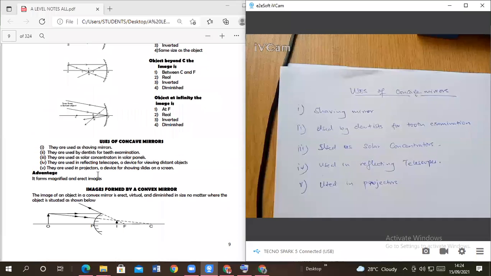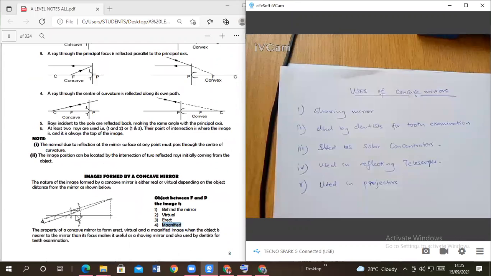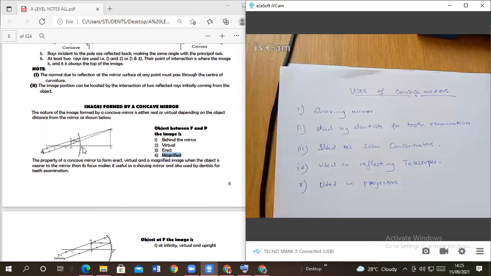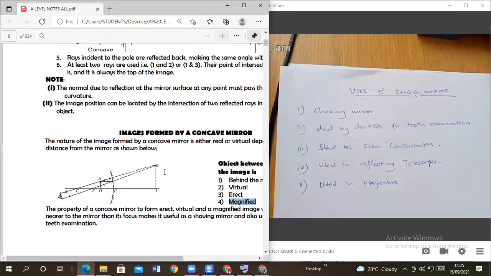So a concave mirror will form a magnified image, and the image which is erect when the object is placed between the focal point and the pole of the mirror. So you should know that the object must be here in between F and P. Let me zoom in there, and you see very well.